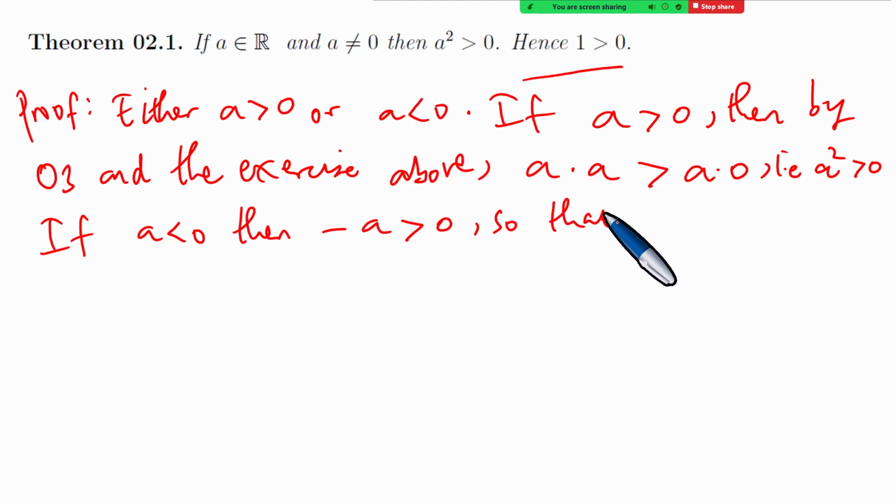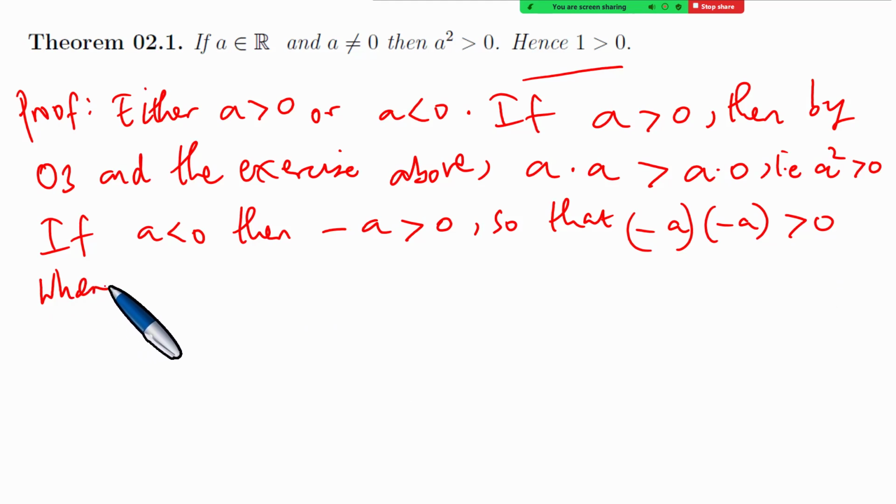With that mentioned, we can then multiply both sides by the positive number, minus a, which is bigger than 0. So we can just multiply both sides by that one, where a squared is bigger than 0.